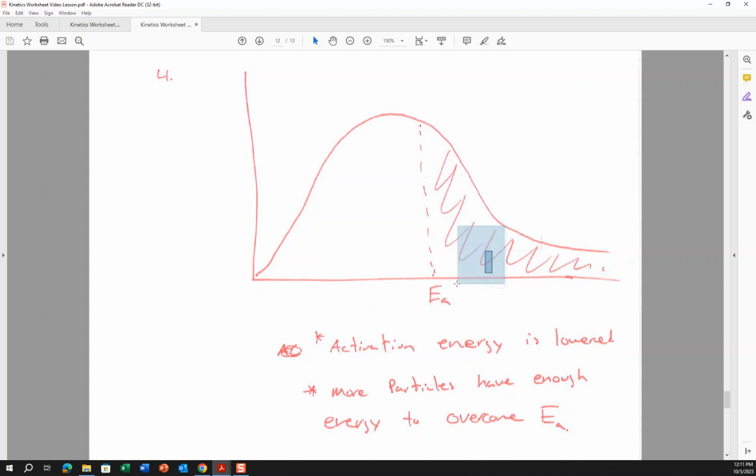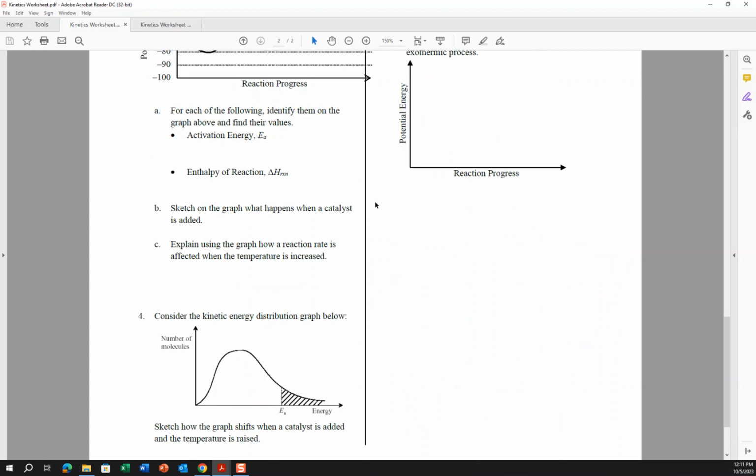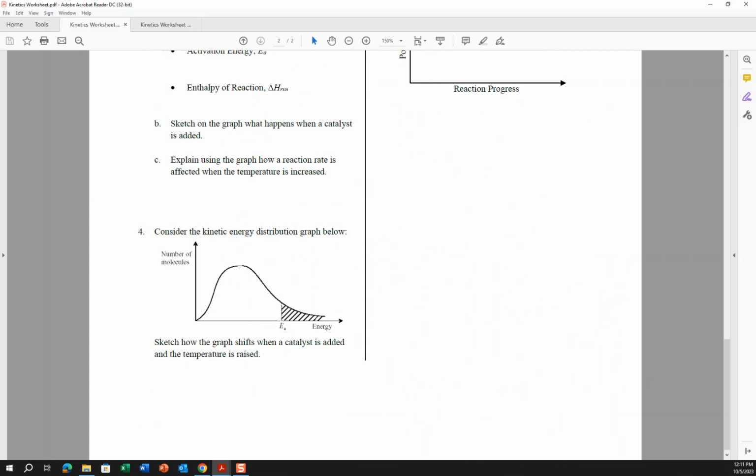So now more molecules have enough energy to overcome the activation energy. So really, if I go back to this chart here, all we're doing is moving the activation energy down a little bit, so now we have more particles that have enough energy to overcome it. I took this activation energy and moved it down a little bit to answer number 4 there. Okay.